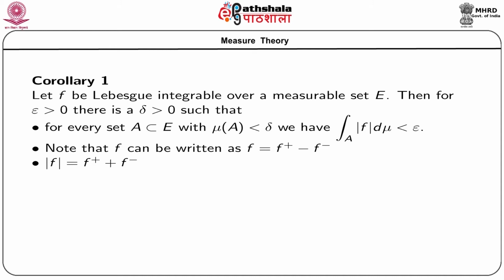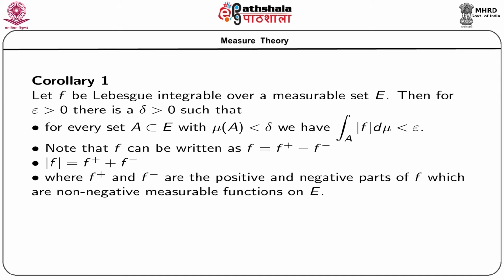And we have already seen that f is measurable if and only if f plus and f minus both are measurable, and mod f is equal to f plus plus f minus. Both f plus and f minus are non-negative measurable functions defined on E.